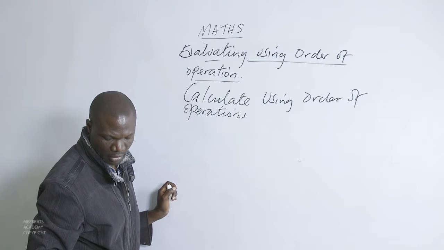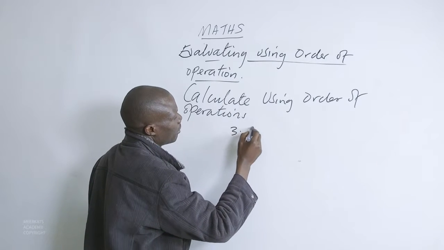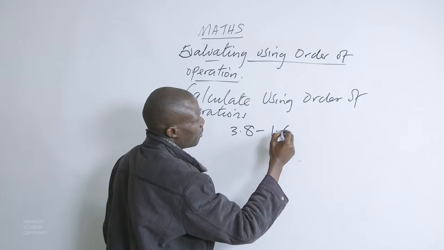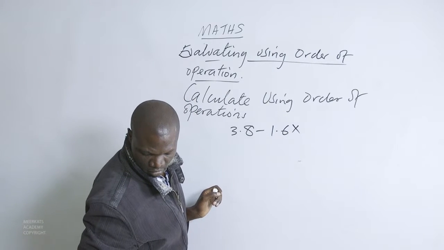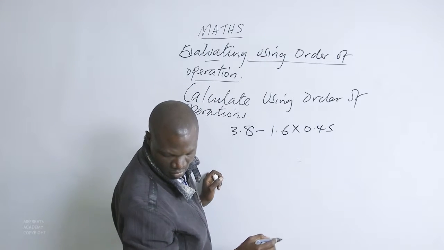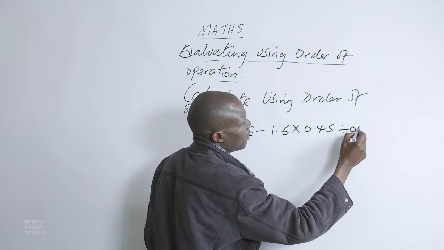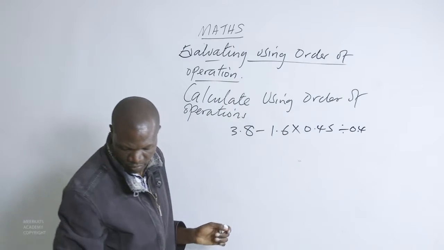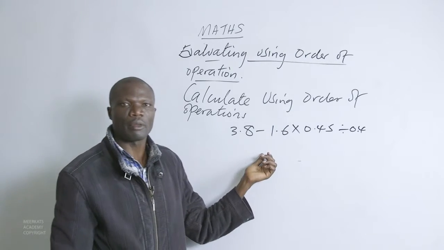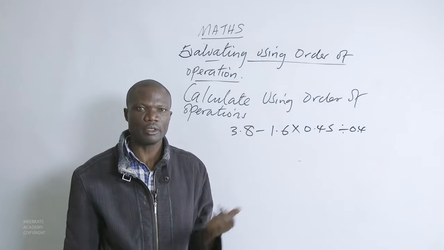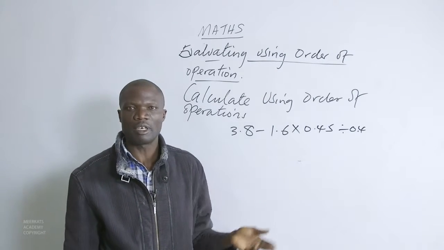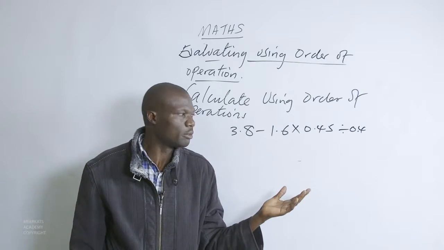And the question here is 3.8 minus 1.6 multiplied by 0.45 divided by 0.4.